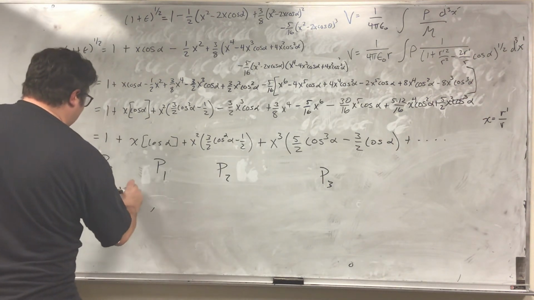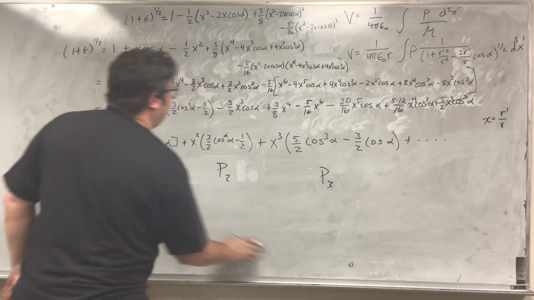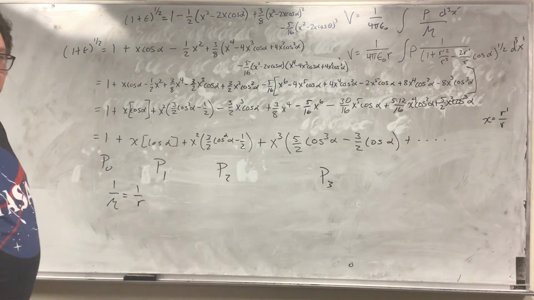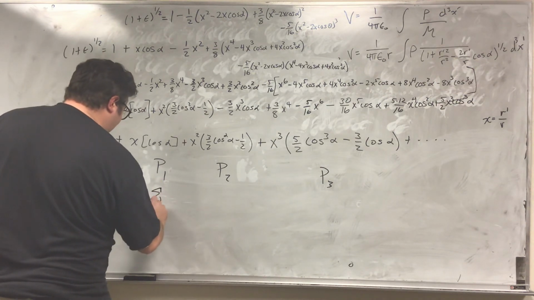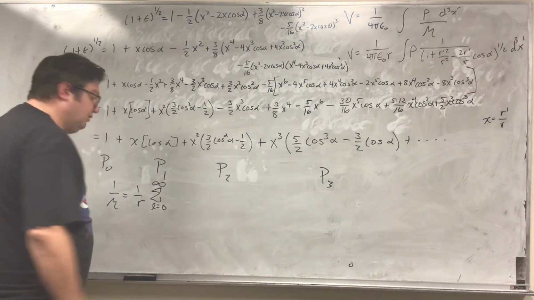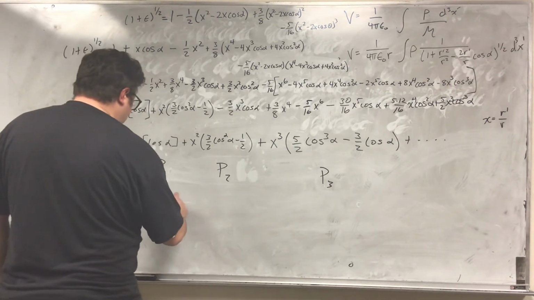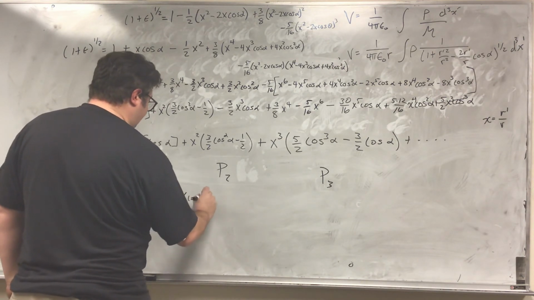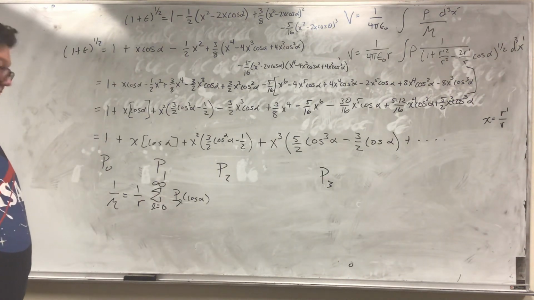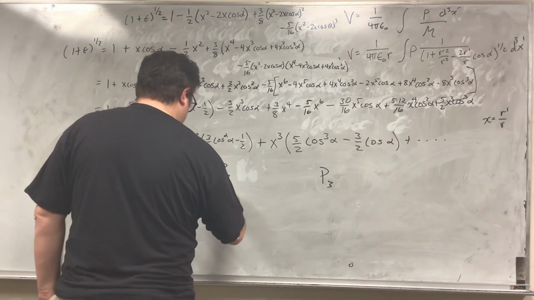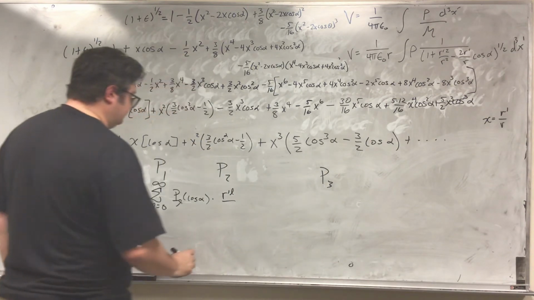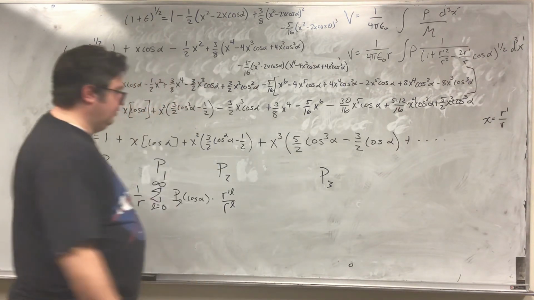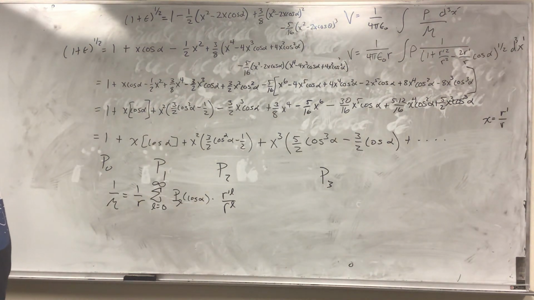So 1 over script r is equal to 1 over r times the sum from L equal 0 to infinity of the Legendre polynomial P_L as a function of the cosine of alpha times r prime to the L power divided by r to the L power, right?